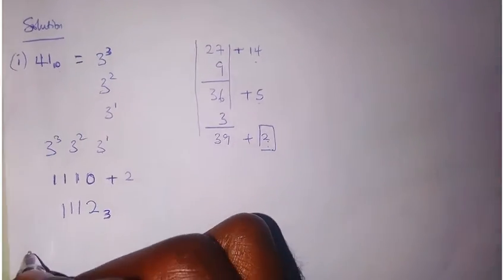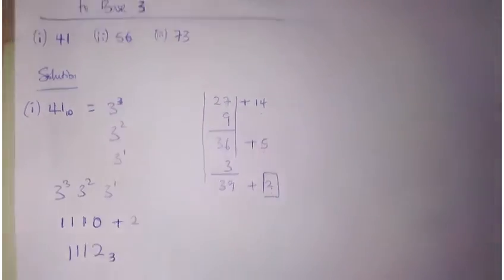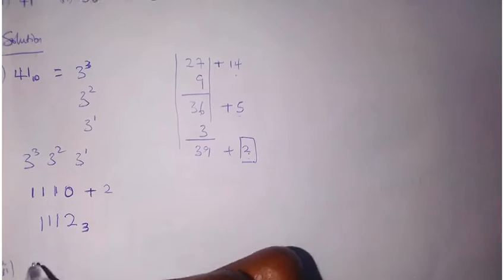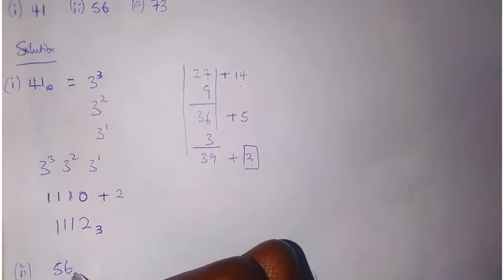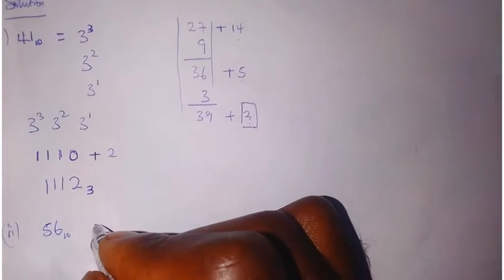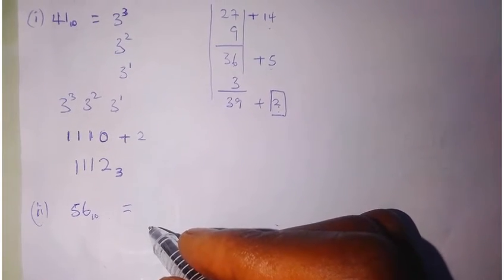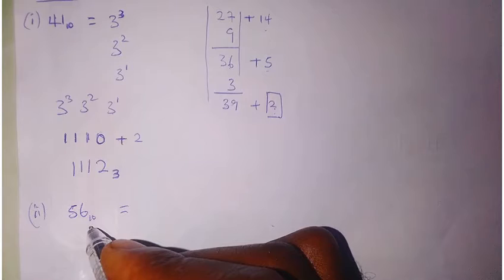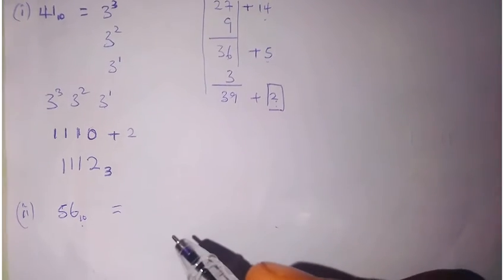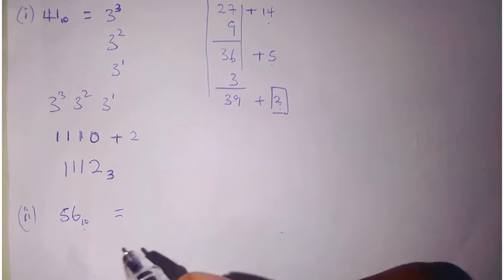So number 2, we have 56. Now for 56 base 10, 3 raised to power 3 is 27, and 3 raised to power 4 is 81.